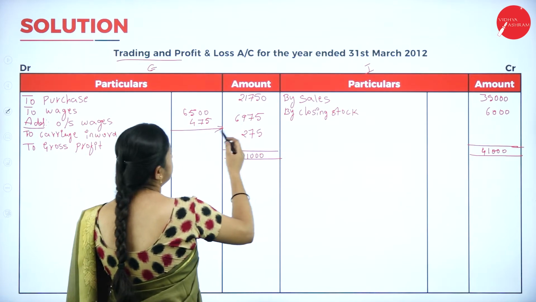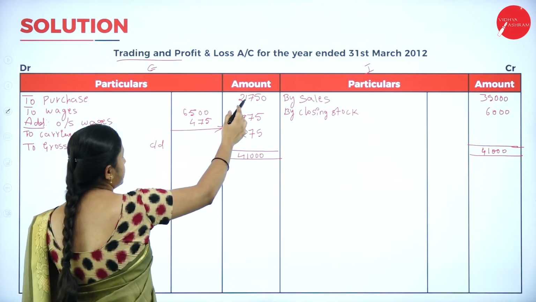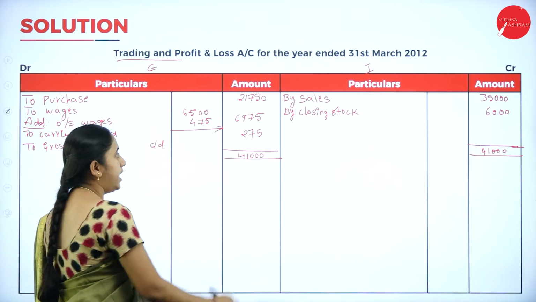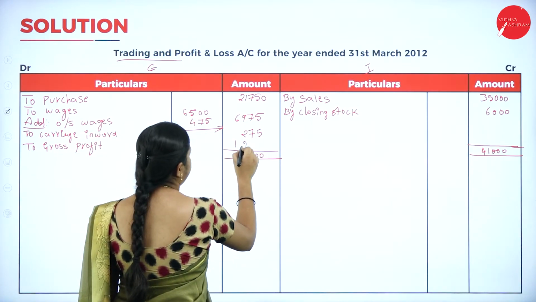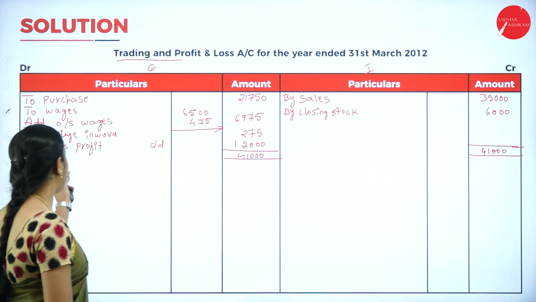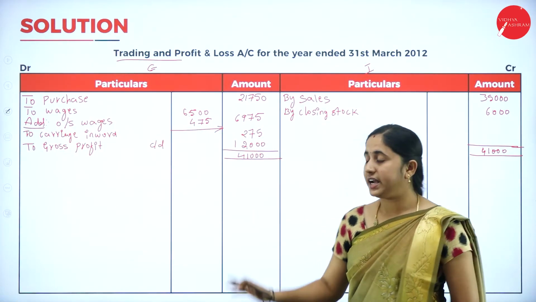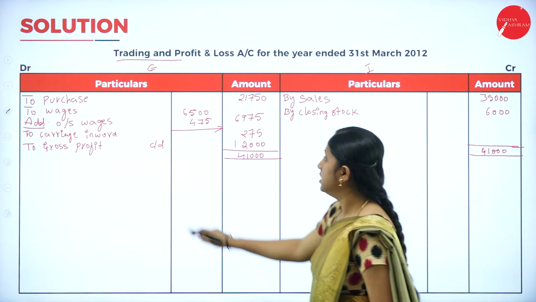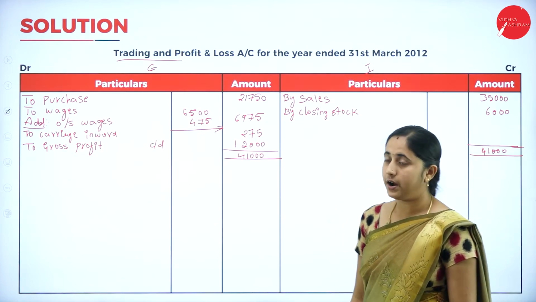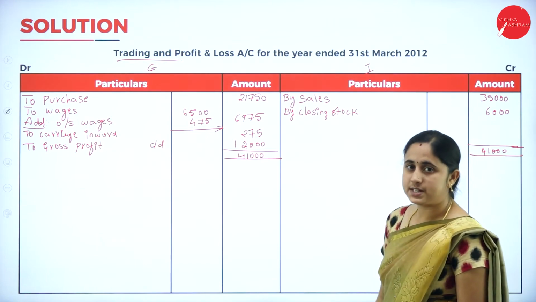Now find the difference between the debit and credit: 41,000 minus 21,750, 6,975 and 275. The difference is 12,000. So 12,000 is the gross profit from the trading account. This carry down should be brought down for the profit and loss account. I will continue the profit and loss account in the same statement.